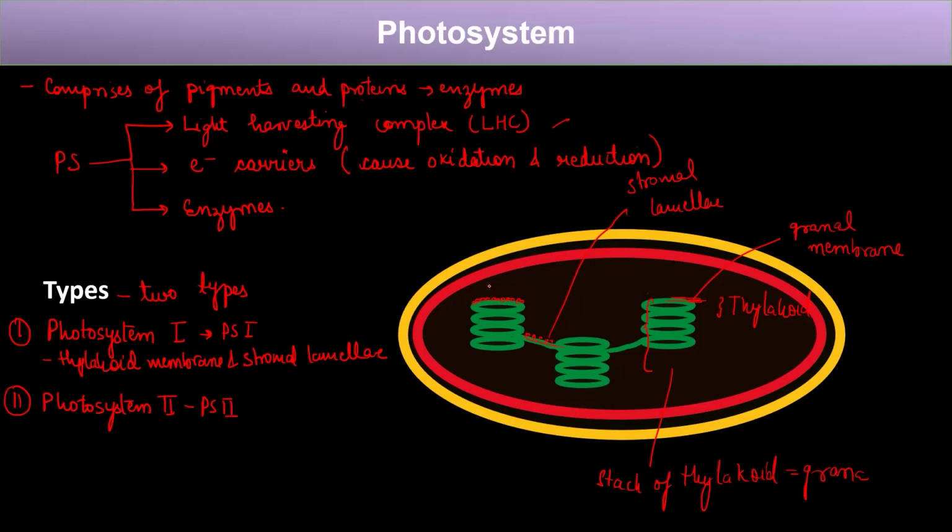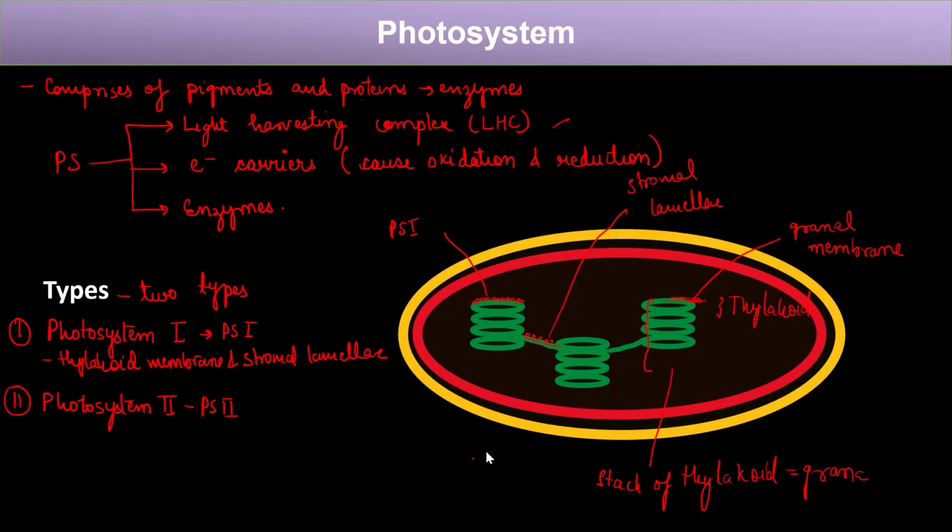So you can say this is representing PS1. PS1 is present on the exposed region of the grana, or in the chloroplast, it is present in the exposed region over the membrane. Okay. So photosystem 1 is present on the thylakoid membrane and the stromal lamellae.